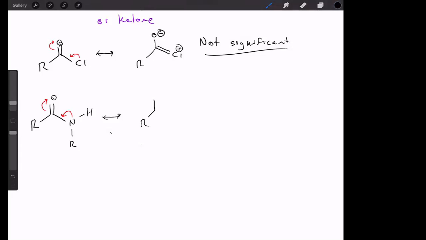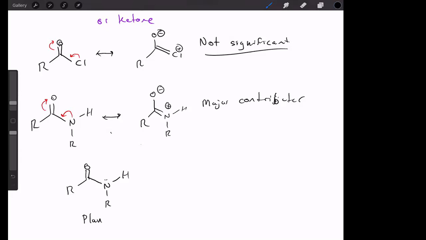This is a major contributor to the structure. In fact, amides are actually planar in their geometry.